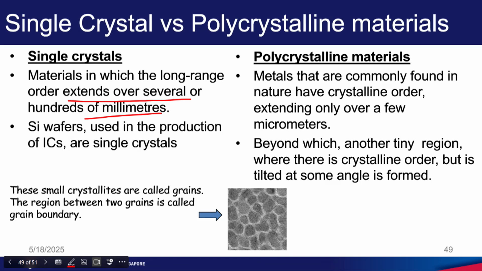Okay. When we talk about polycrystalline material, within a certain region there is a certain atomic order. There is some lattice within this region. So, it is crystalline, but if you go to another region, again it is crystalline, but they are in a different direction, maybe now they are like this.